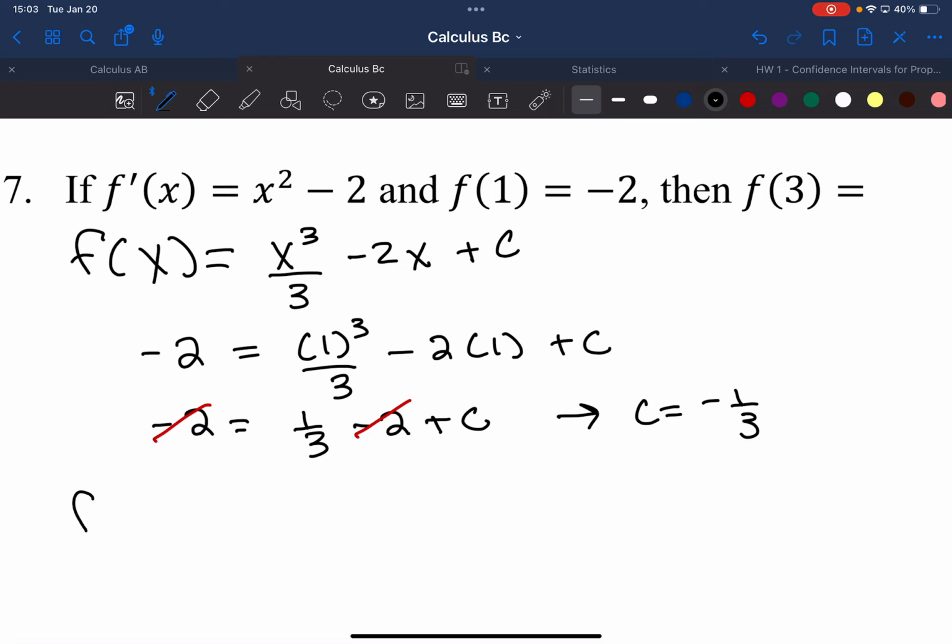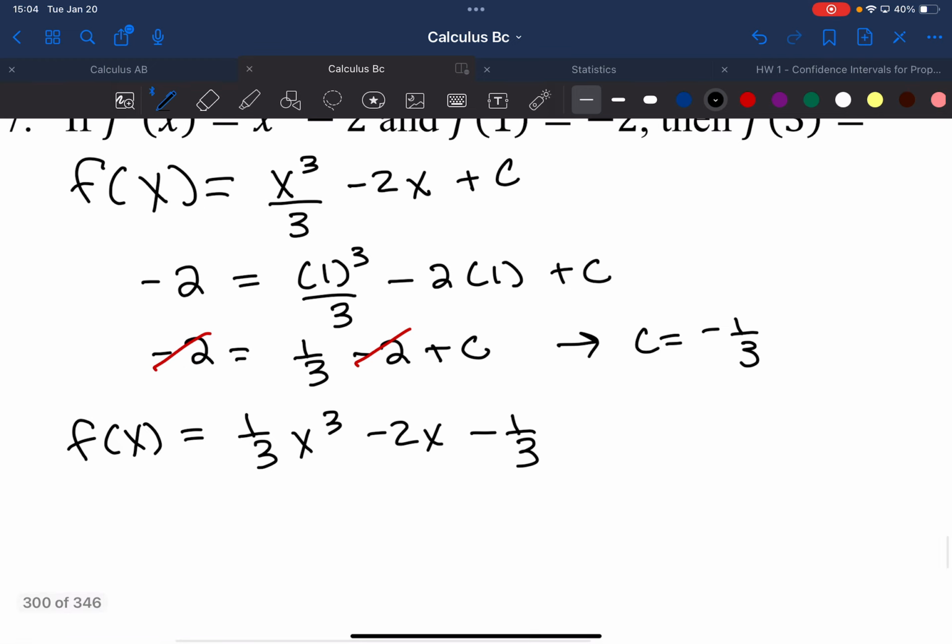Okay, which means I have the function f of x is equal to 1/3 x cubed minus 2x minus 1/3. Okay, that would be my original function if it asks me to stop here. But since it wants me to find f of 3, I need to plug in 3 for x.